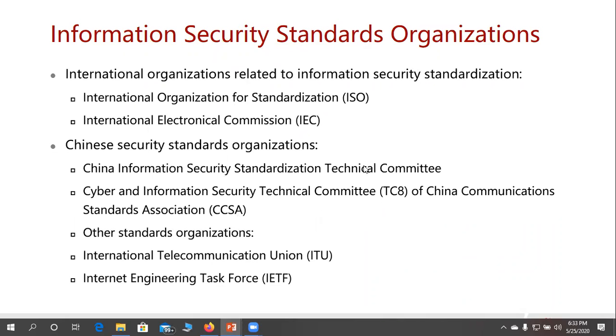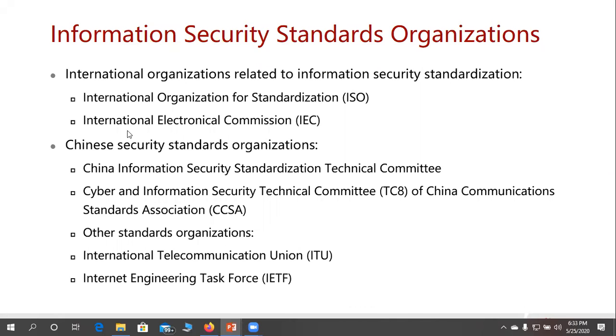So these are information security standards organizations that we have. Okay. So we have ISO. This is a very, very important organization. And of course, it has come up with a number of standards that are used in different fields.